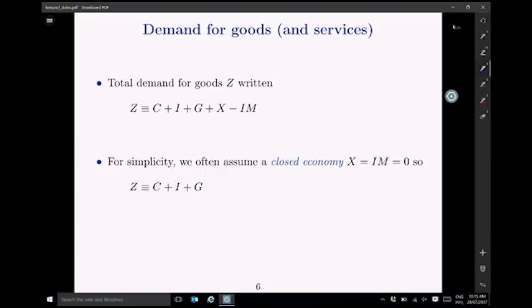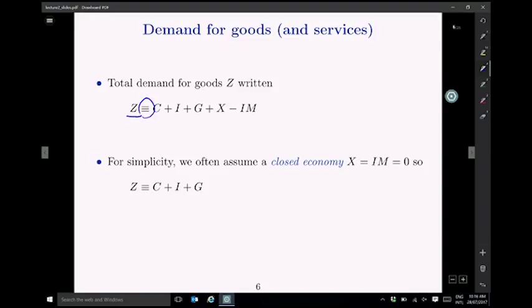deriving this IS curve. Now, we're ready to go through some math here. Having reviewed the 4 components of GDP, we know that we can define aggregate demand in the following way. Let's use this capital letter Z to denote aggregate demand. Notice that this is not an equation, right? Notice the subtle difference. I have this triple line here. What does it mean?